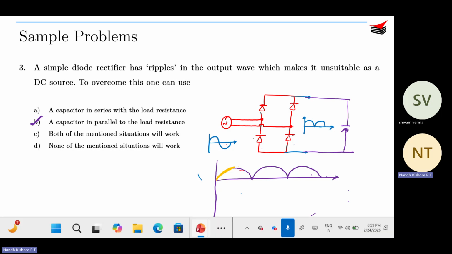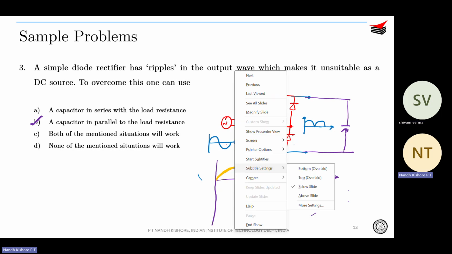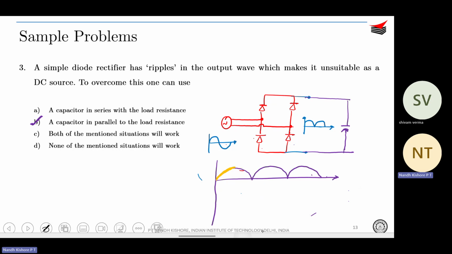The capacitor will very slowly discharge, considering the internal resistance of the capacitor. Then again it would charge only till the peak and discharge very slowly. So the profile under steady state would look something like this.